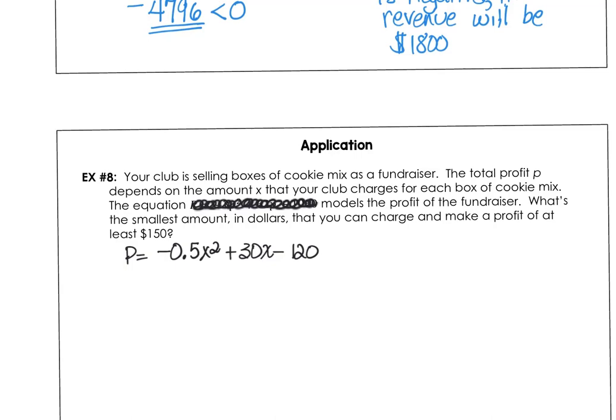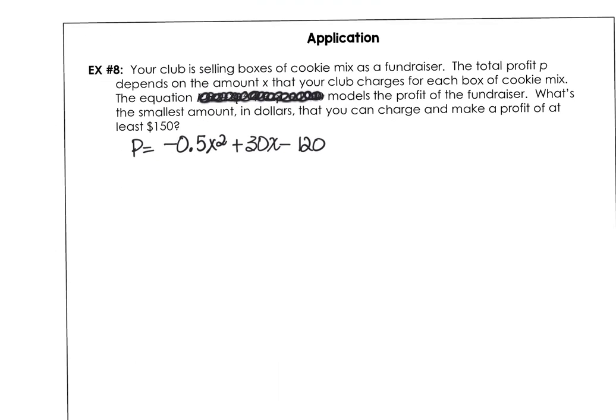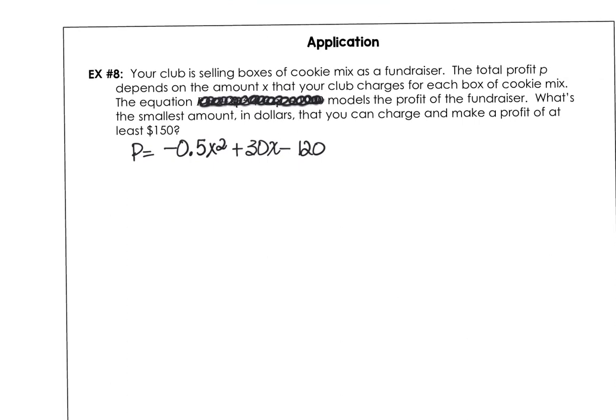So we're thinking about writing the equation first of all, and 150 is equal to negative 1/2 x squared plus 30x minus 120.